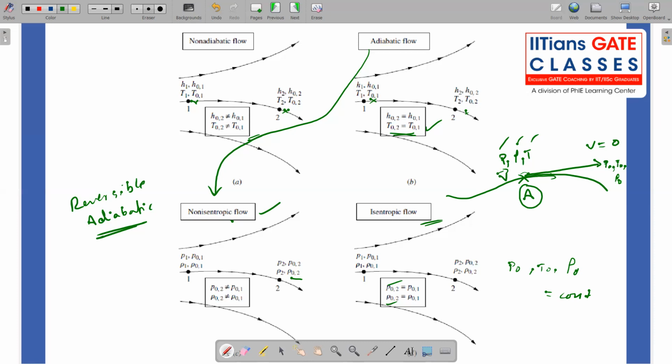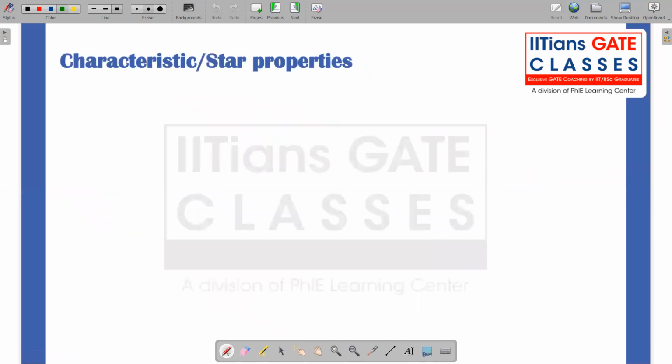Okay, so now we understood how we define stagnation properties. Similarly, we can also define one more quantity, that is called characteristic properties.